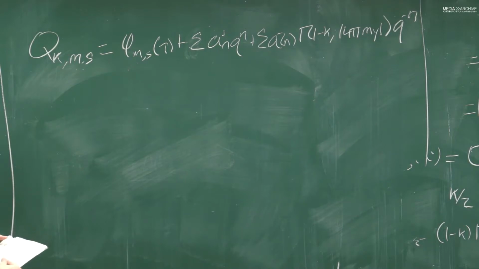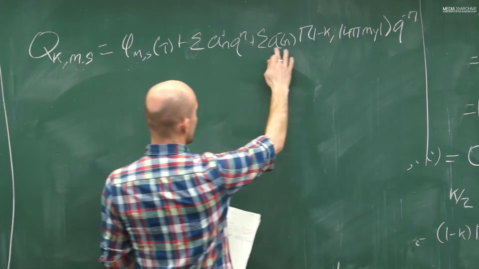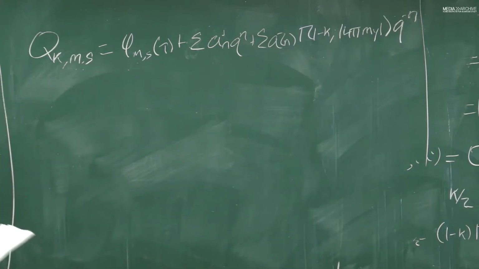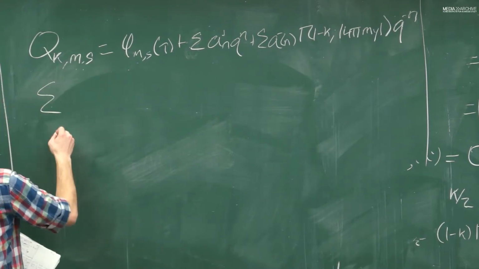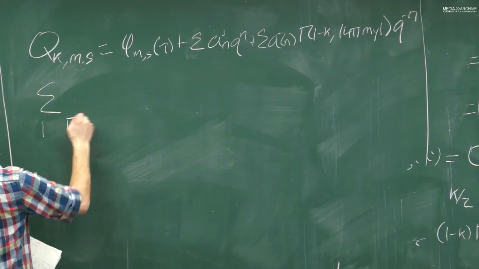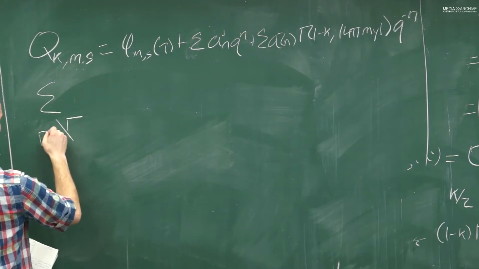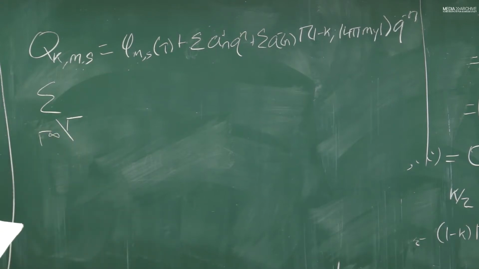The way that we're going to extract the formulas for these coefficients is as follows. The summation is over matrices in my group gamma, modded out on the left by the translations.